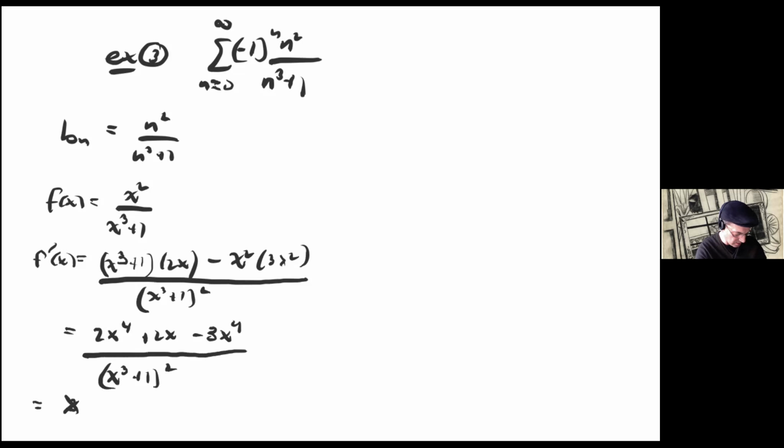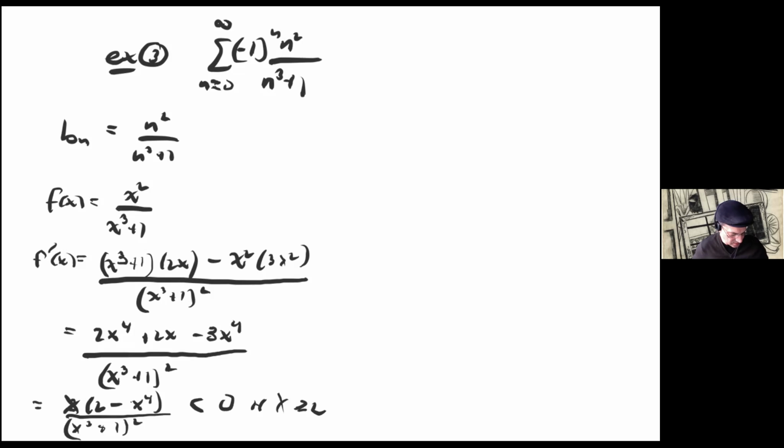I'm going to factor out an x times 2 minus x cubed over x cubed plus 1 squared. The reason I'm writing it this way is that if x is at least 2, for example, the numerator is negative. So this is less than 0 if x is greater than or equal to 2. That's enough. So therefore, it's decreasing.